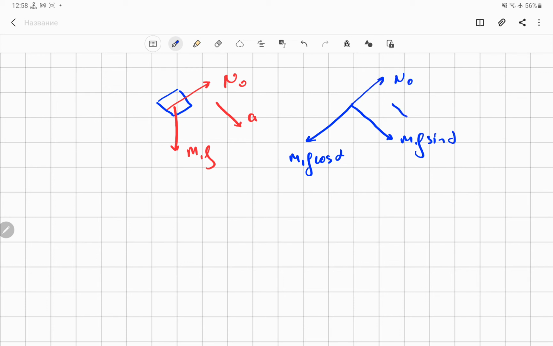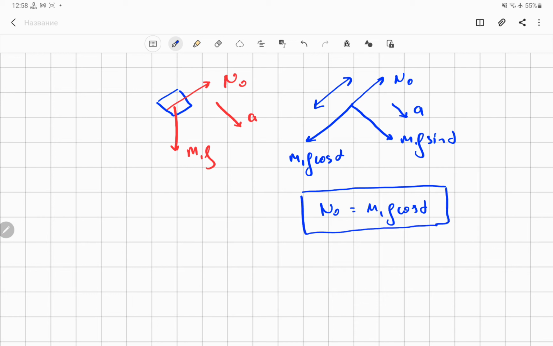And we know that this object moves in this direction. It means acceleration or motion in this direction equal to 0. So we can say that normal force equal to M1G cosine alpha. This part is important because there is no motion in this direction.